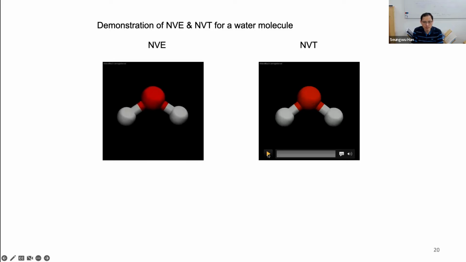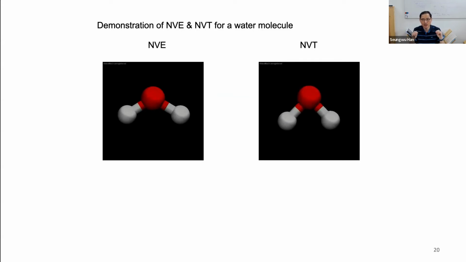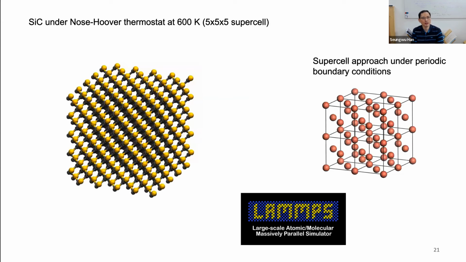In the case of NVT, however, you can see that sometimes it vibrates widely, and sometimes it vibrates with a much smaller amplitude. Its motion is somewhat chaotic, and overall, on average, the vibration energy corresponds to the given temperature. This is one example of the NVT ensemble with the fictitious thermostat.